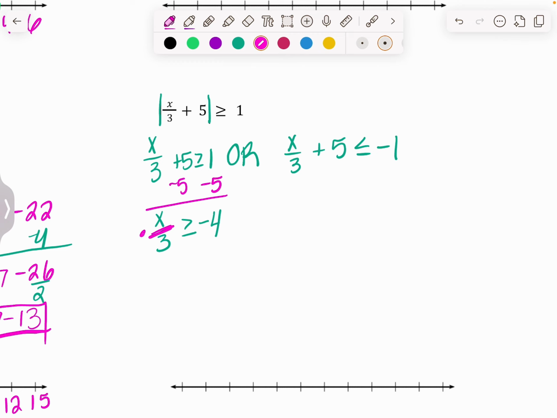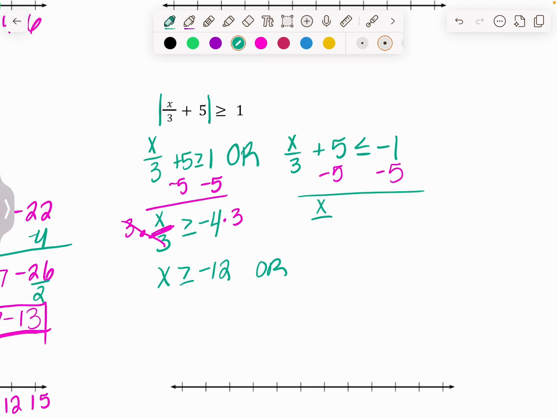So we're going to have to times by 3 and do that to both sides, so that we end up with x is greater than or equal to -12. Same solving steps over here, start by subtracting 5.